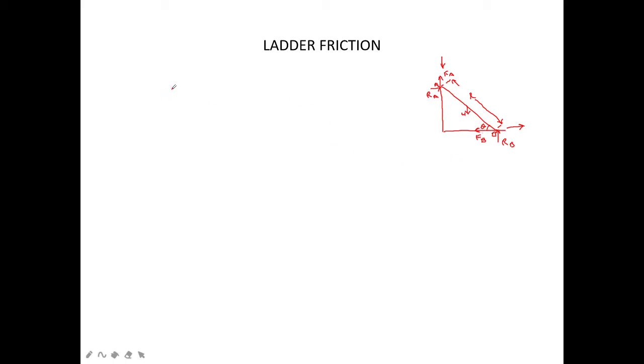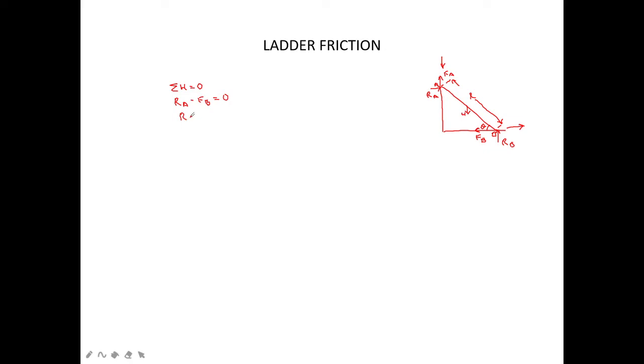Now if you apply conditions of equilibrium, let us say sigma h is equal to 0, then we'll get Ra minus Fb equal to 0.